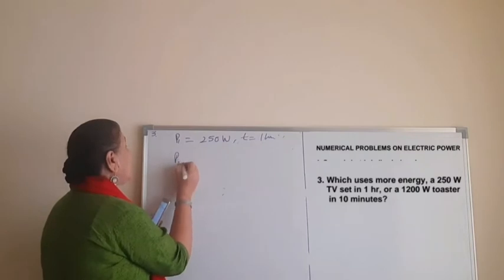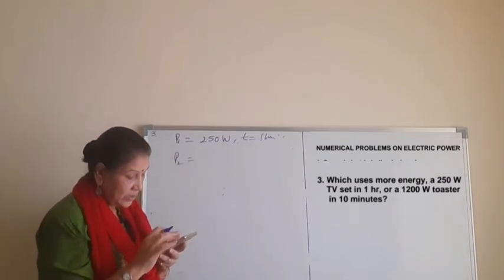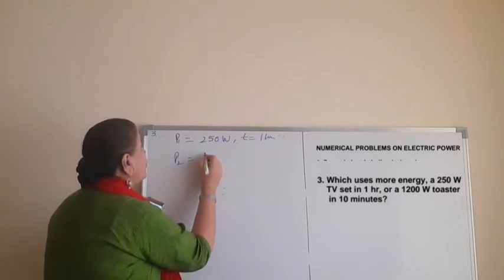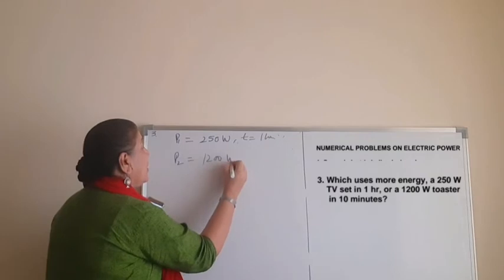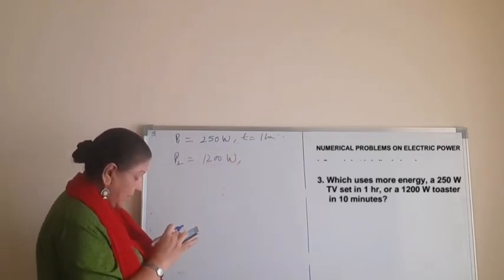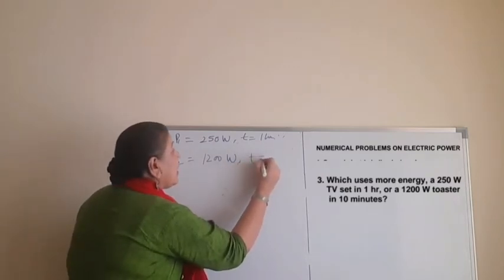P2, the other thing given to us, is the 1200 watt toaster. So 1200 watt, and time is given to you as 10 minutes.